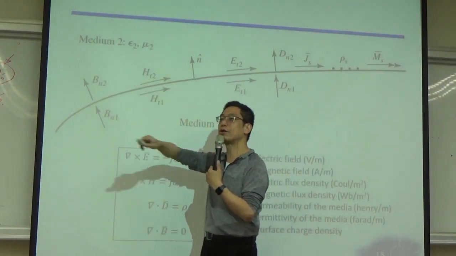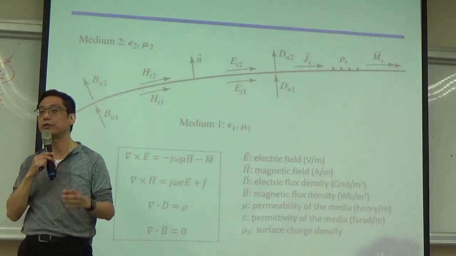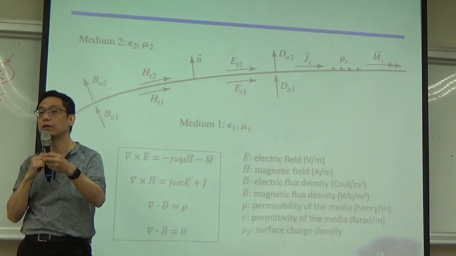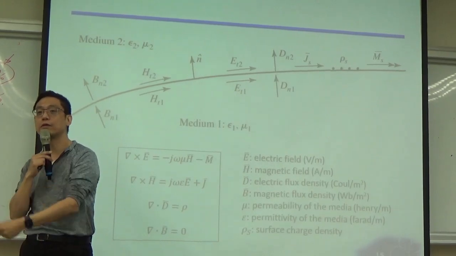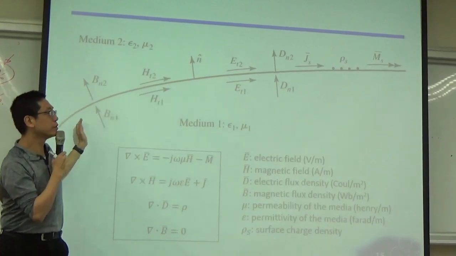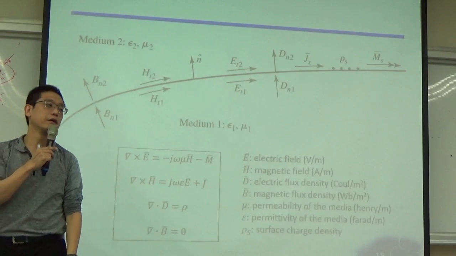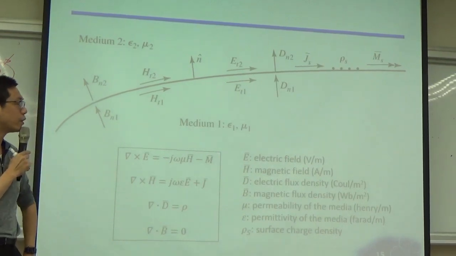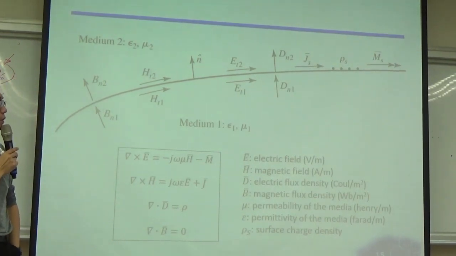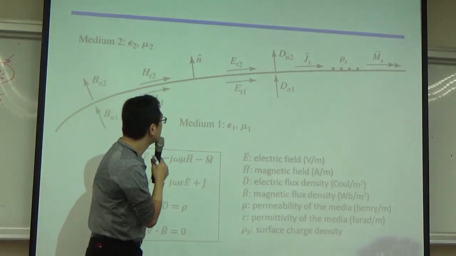You can use a straight line, maybe it's easier for you to understand. But in the textbook, we try to explain this in a more general form. So why do we have this? Because this equation is supposed to be allowed to apply to any boundaries.